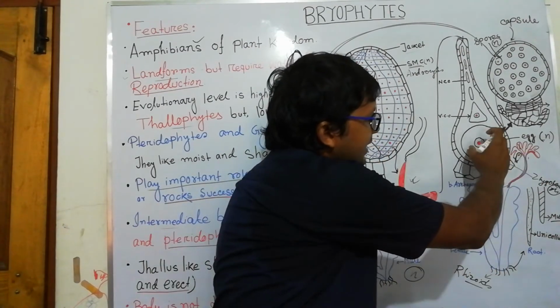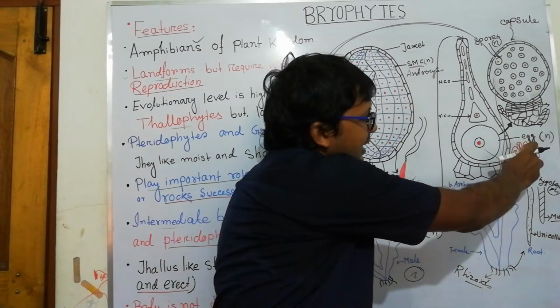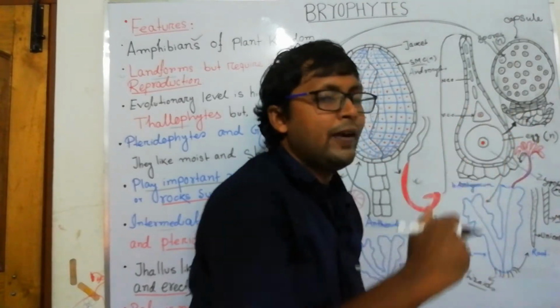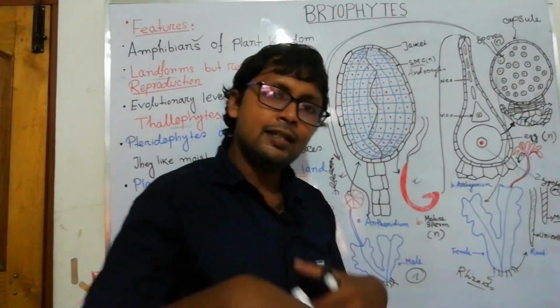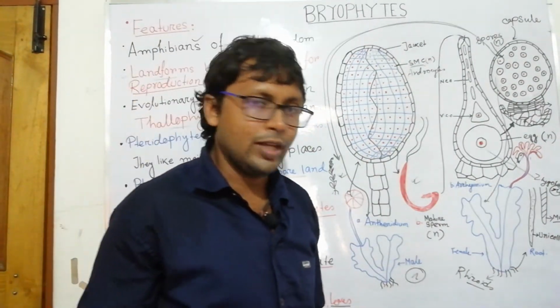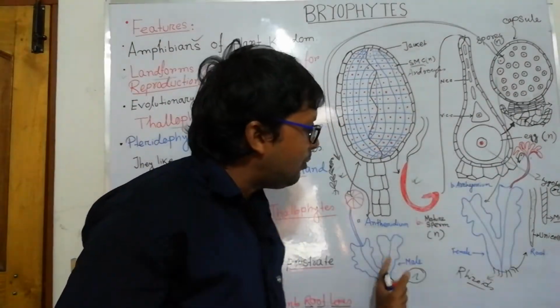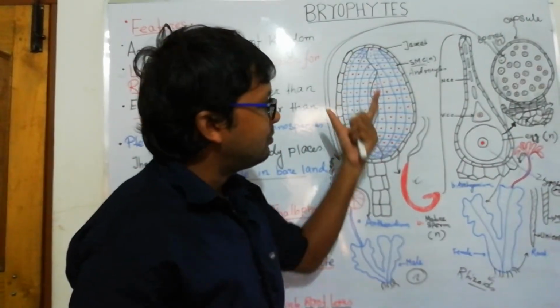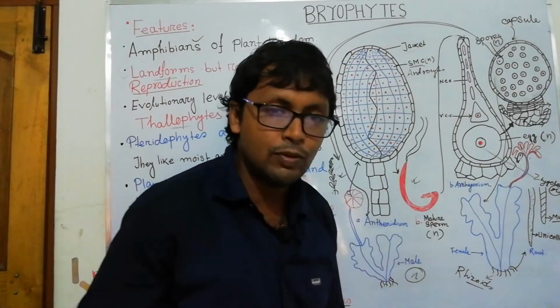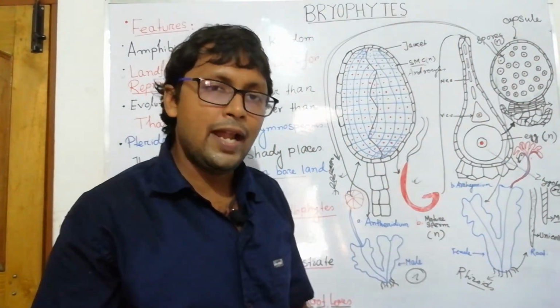Here it is the egg or archegonial region. This region is converted into sporophyte region only, and from there spores are released. Then spores will again develop this kind of body, and from this body again the male gamete producing structure and female gamete producing structure will develop and a new plant will be developed again.